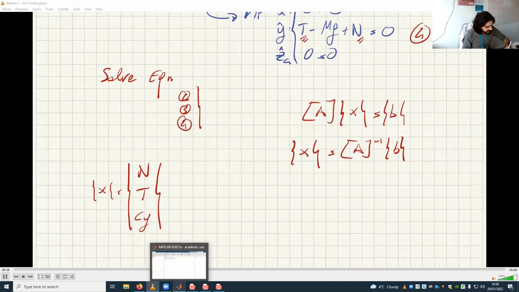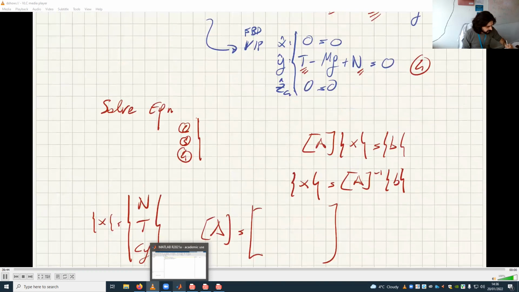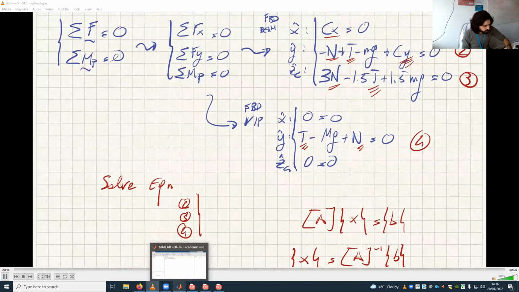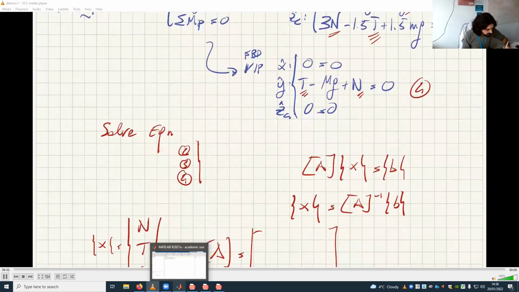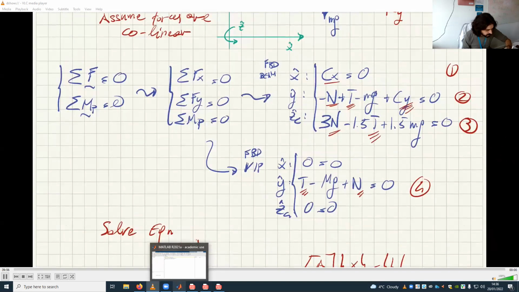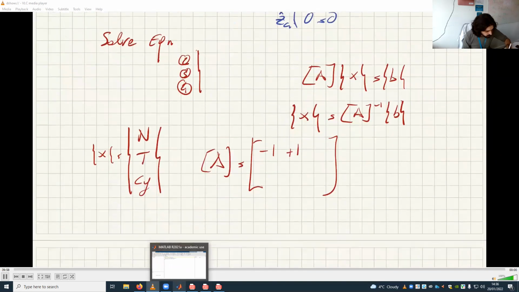That means that our A matrix is, so first N, then T, then CY. So in equation 2, we have minus 1, plus 1, and CY, plus 1. That's equation 2.